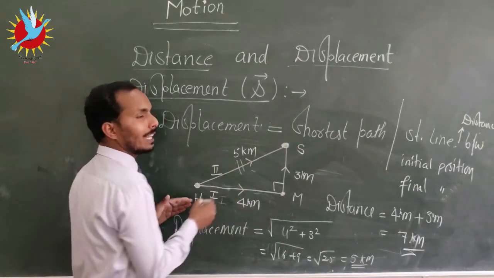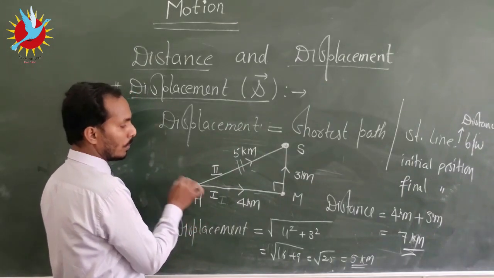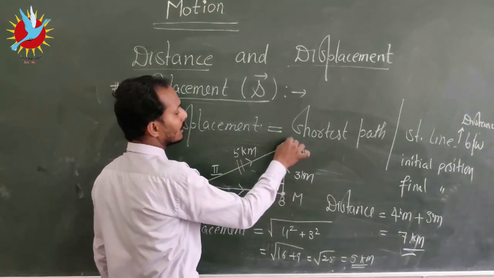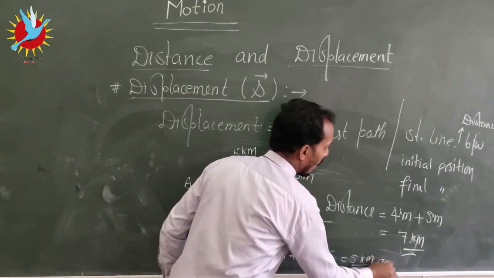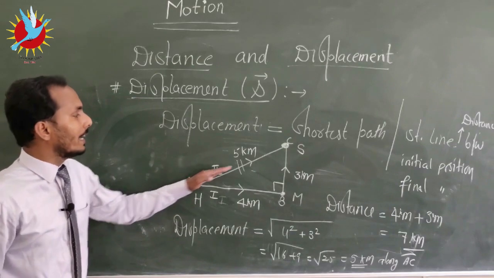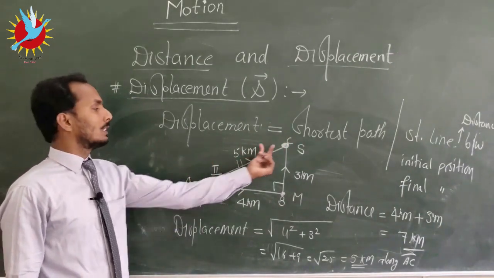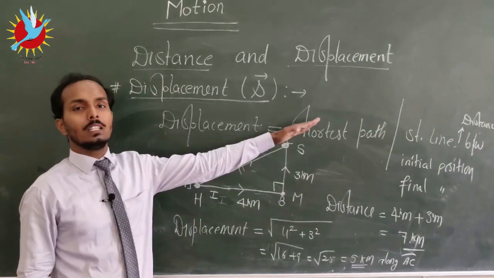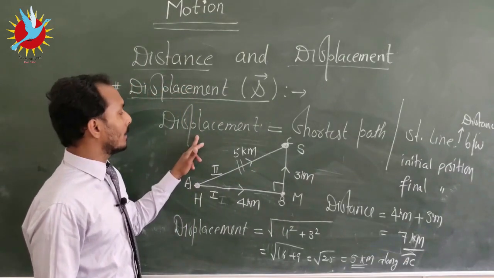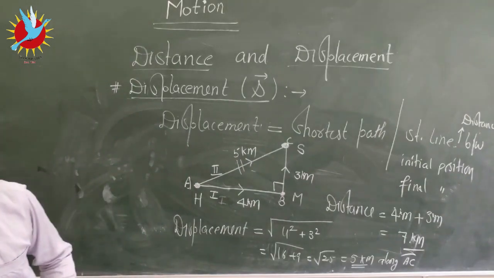If the points are A, B, C, then the direction is along AC, from A to C. A is initial, C is final. So displacement is a vector quantity, and it has magnitude as well as direction.